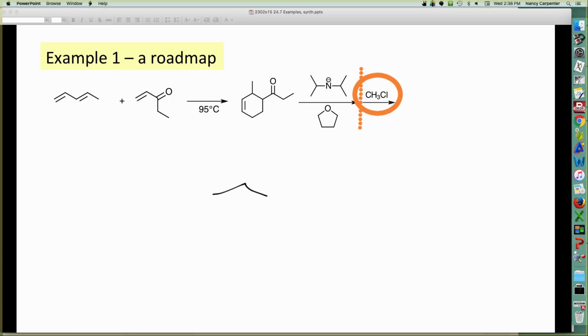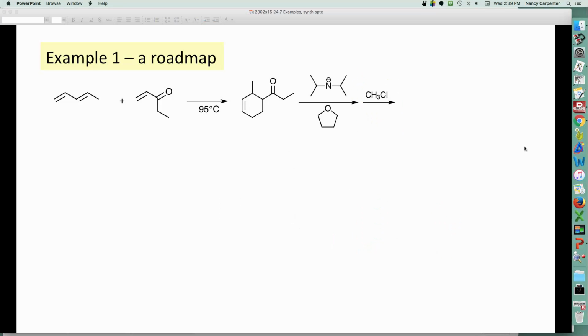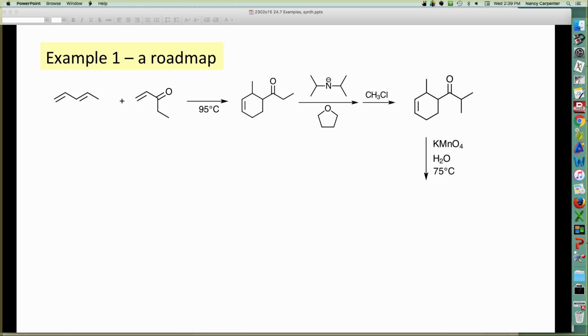So I say probably, if it's minus 78, I'm making this enolate, and that enolate is reacting with that good carbon electrophile to give me an SN2 reaction. And sure enough, that's what I did. So don't forget that this really was at minus 78.